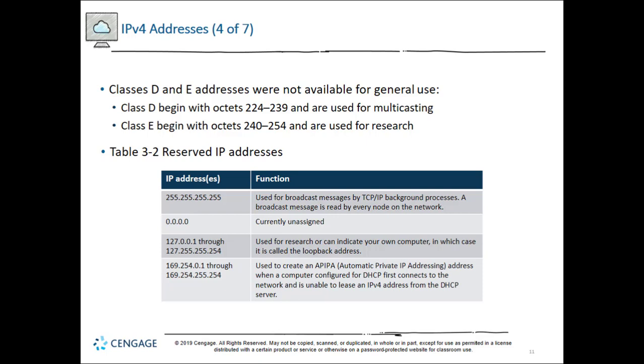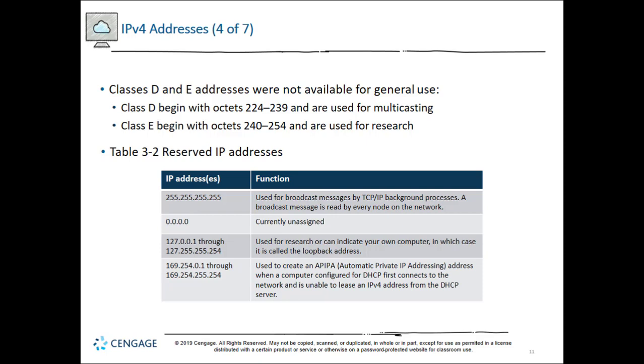Another easy way to think about it is when you're playing on Xbox Live, playing Call of Duty or some other multi-user game. You're using something similar to a multicasting event. Government and research use 240 to 254.